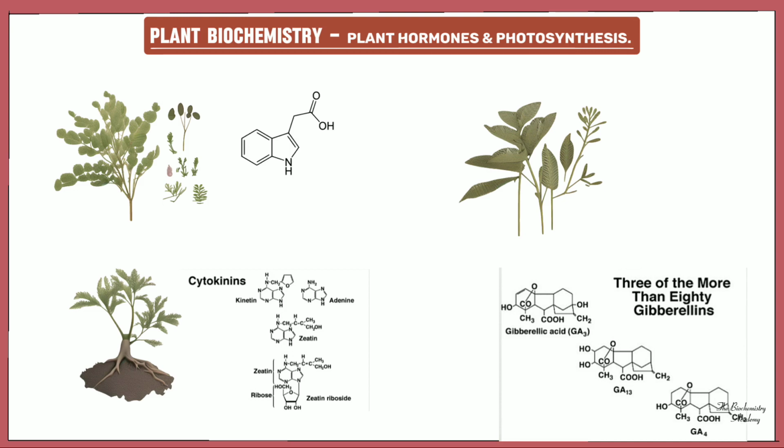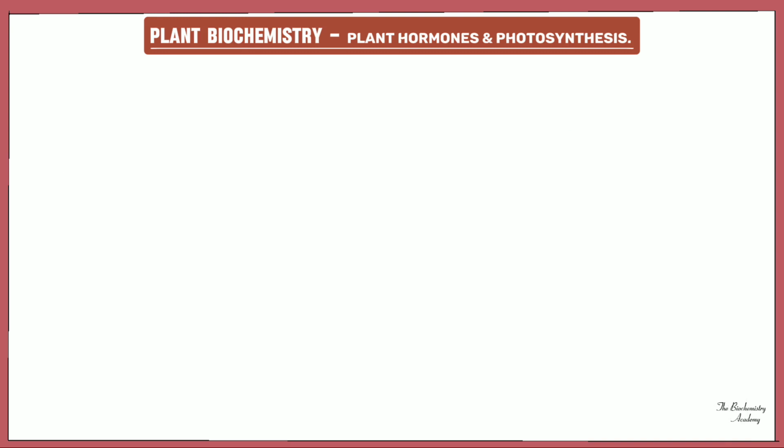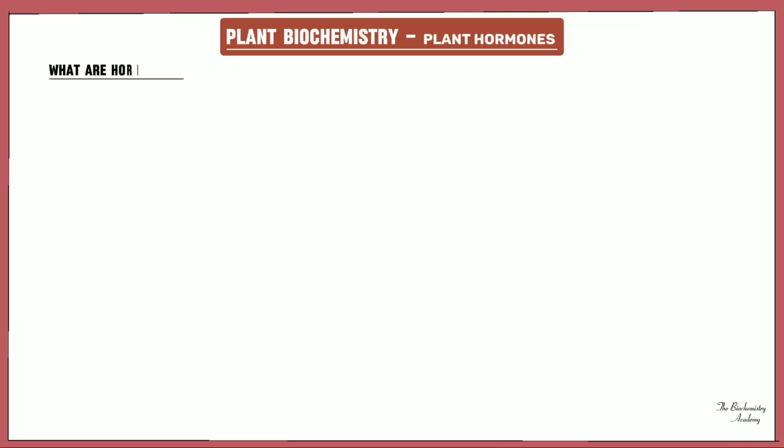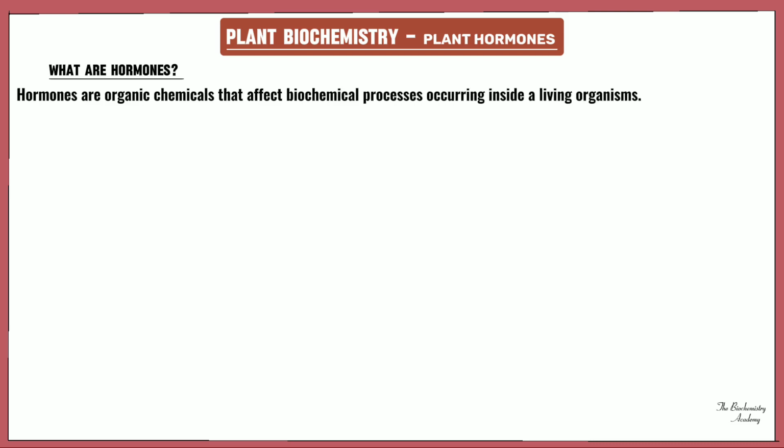But before we talk about plant hormones, let us first refresh our memory of what hormones mean. What are hormones? Hormones are chemicals that affect processes occurring inside a living organism.